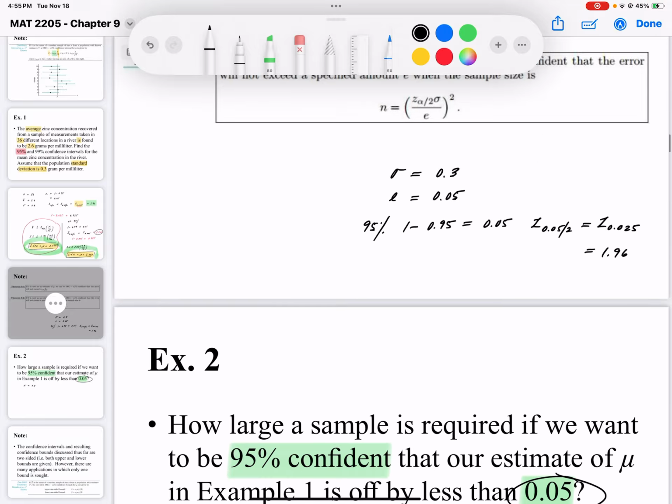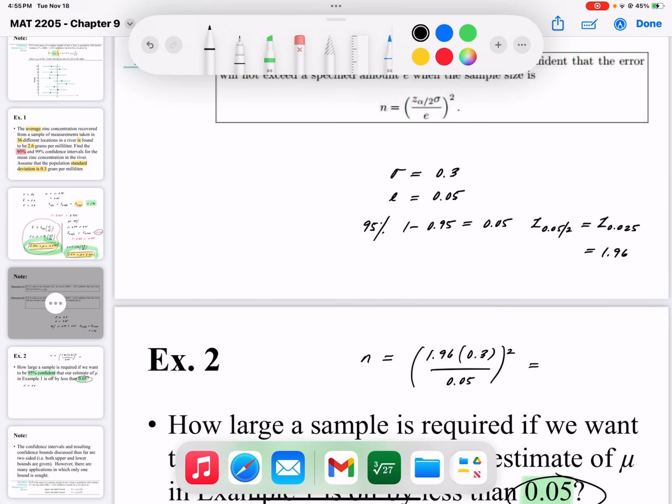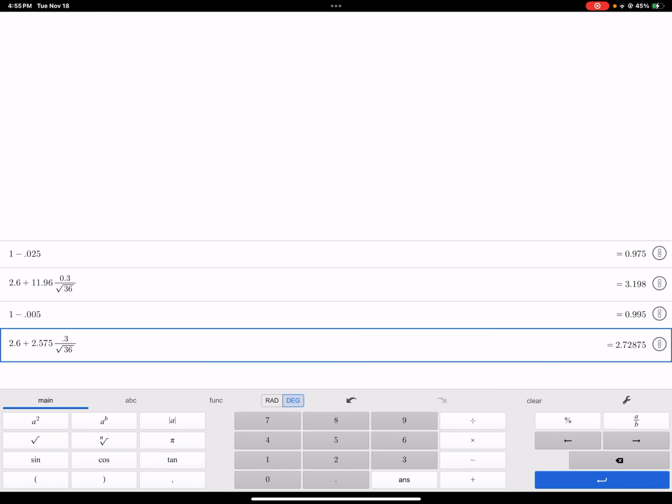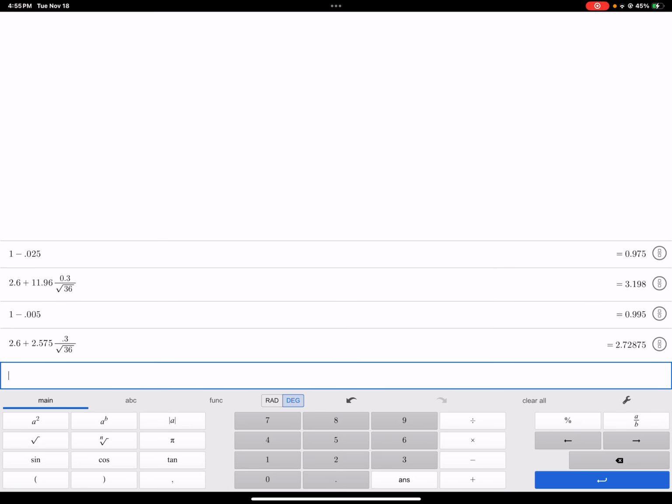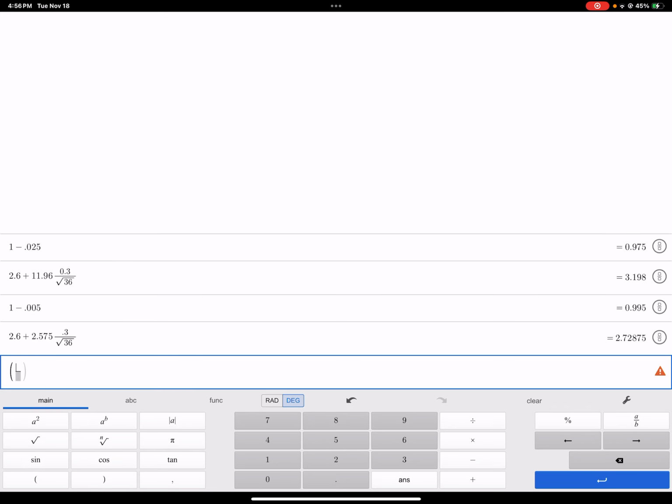All right, let's plug everything in. So our n is equal to 1.96 multiplied by 0.3 divided by 0.05, and we're squaring that. Let's see what we get. 1.96 times 0.3 over 0.05, close bracket squared.